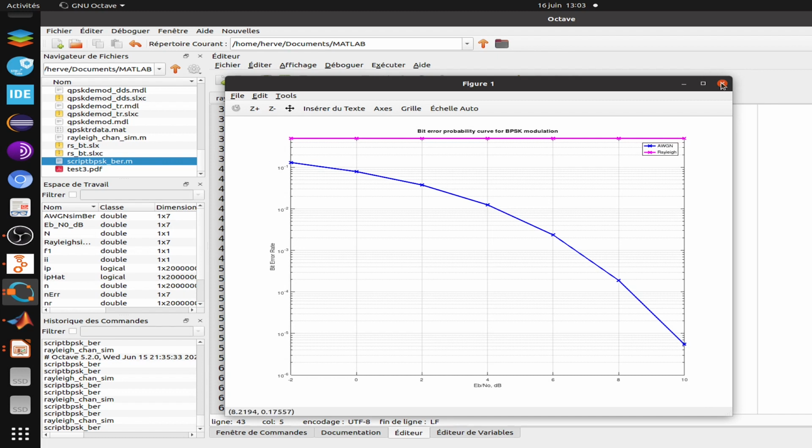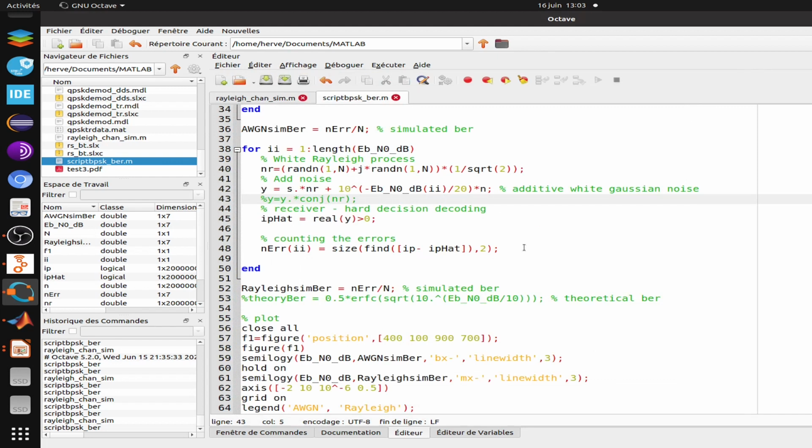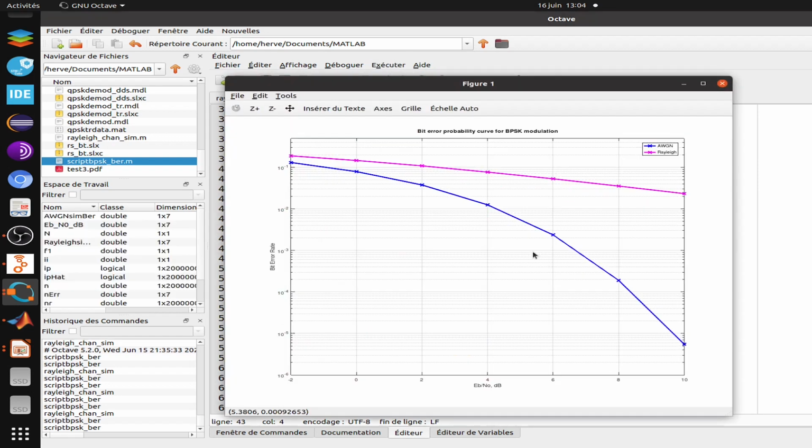And in fact, what they suppose in the books when they trace this BER curve for the Rayleigh channel is that you've got a means to estimate and compensate for the phase shift induced by the channel. So how do we do that in simulation? Quite simply by taking the output of the channel and multiplying by the complex conjugate of the Rayleigh process we've just generated. Okay, so let's see now if this works. Yeah, okay, this time it's okay, as you can see.